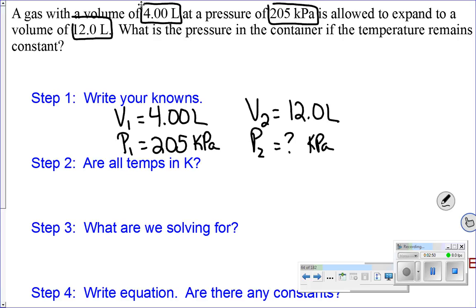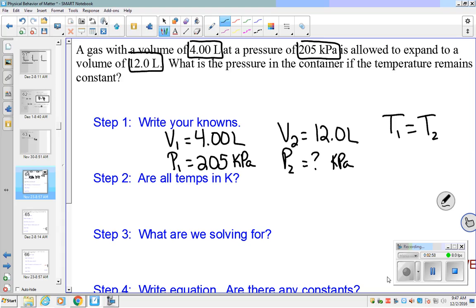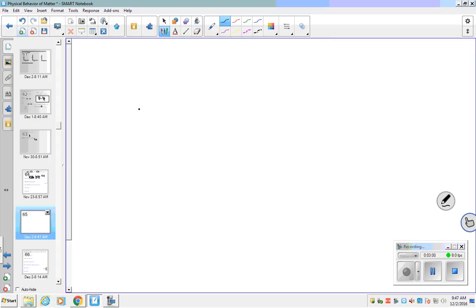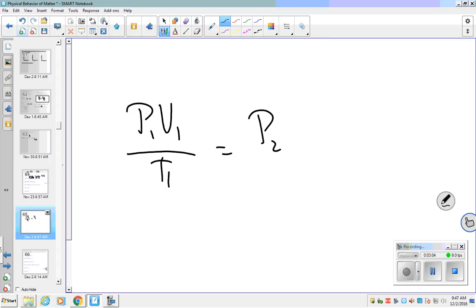We also know something about temperature. We know temperature 1 is equal to temperature 2. This is important. I want to just pull you aside for a minute and talk about what that actually means. So in this law, if T1 and T2 are equal to each other, we can actually just take out the 1 and the 2, which means we have a T on each side in the exact same place.